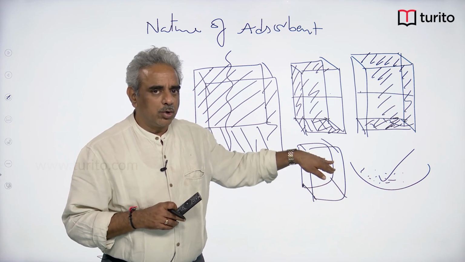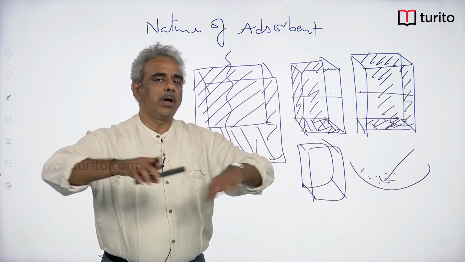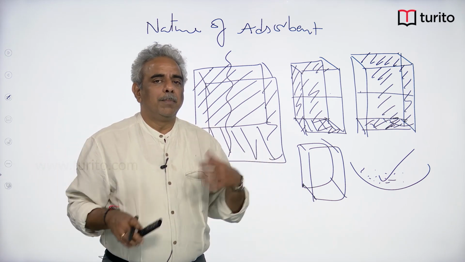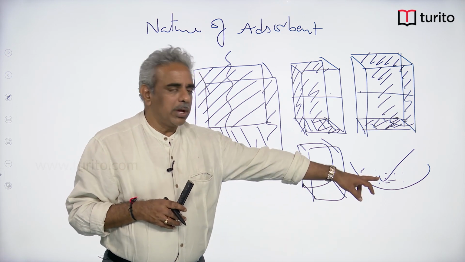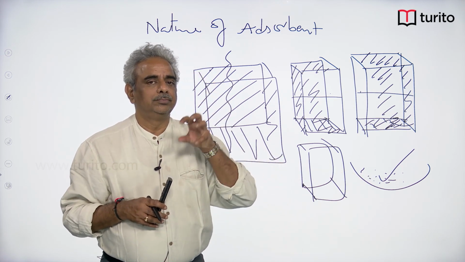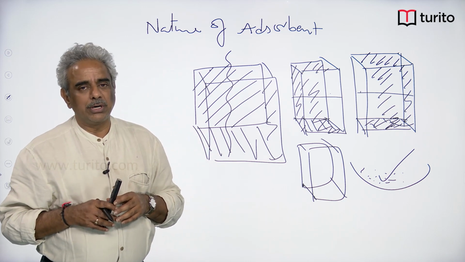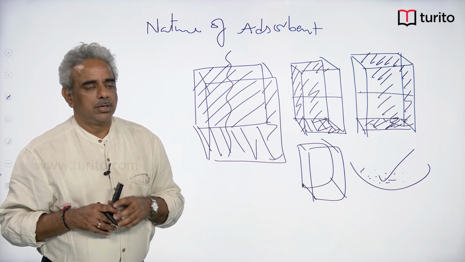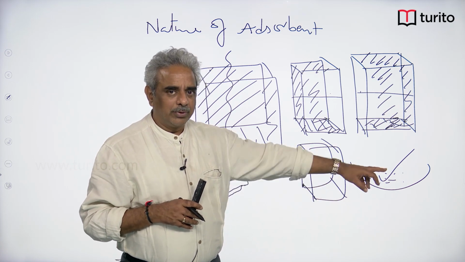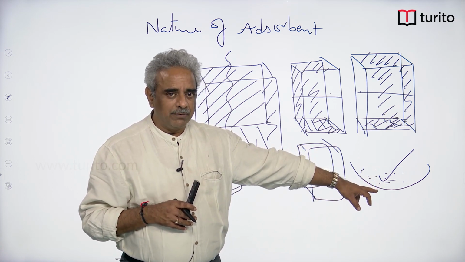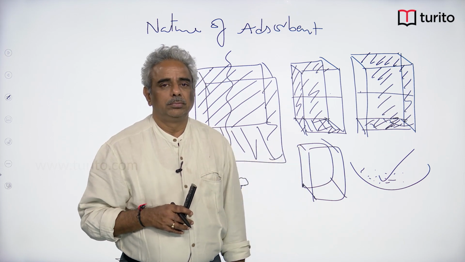When you are breaking it into pieces, the surface is being divided to a much greater extent. So, this powder will be able to catch more molecules onto its surface. The number of molecules that can be adsorbed on this will be less, and the number of molecules that can be adsorbed on this divided form will be more.